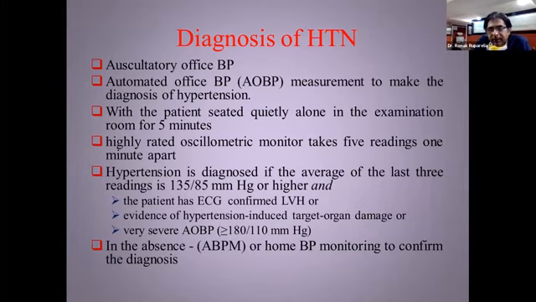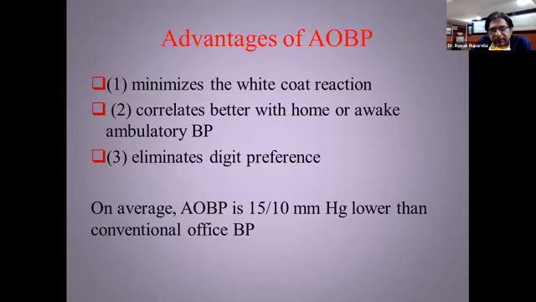So basically, in diagnosing hypertension, the level is just an arbitrary level, and if there is some target organ damage, then it proves that the higher blood pressure is pathological in that patient. And in the absence of target organ damage, what we can do is check ambulatory blood pressure or home BP monitoring to confirm the diagnosis.